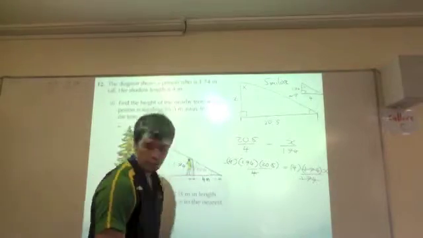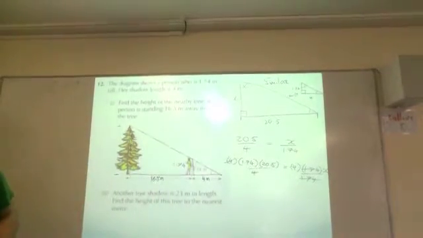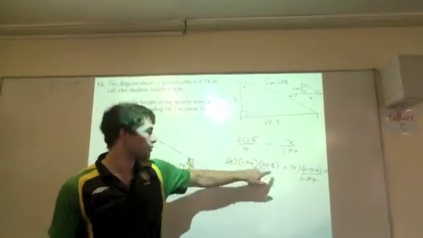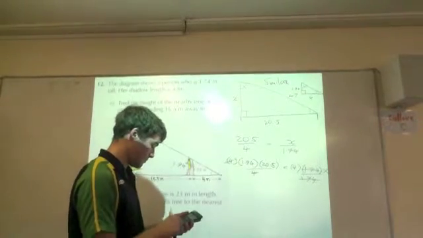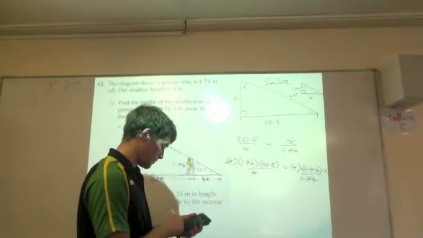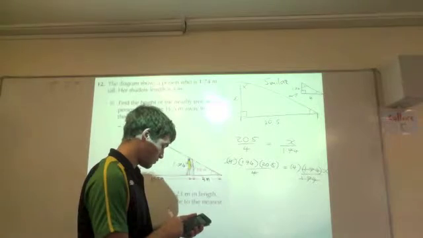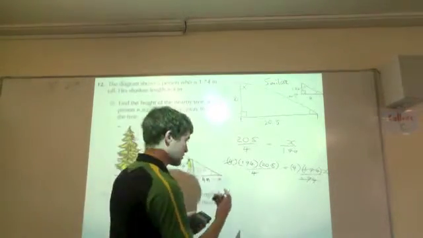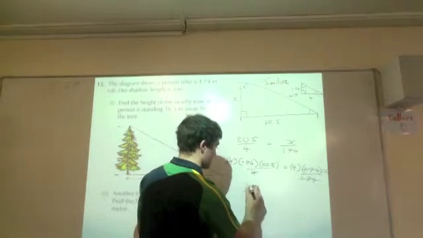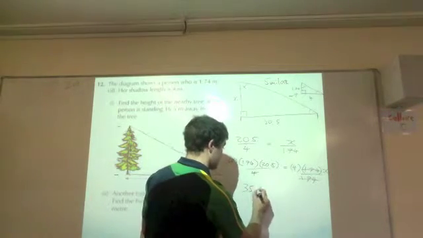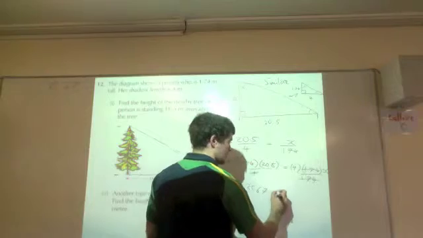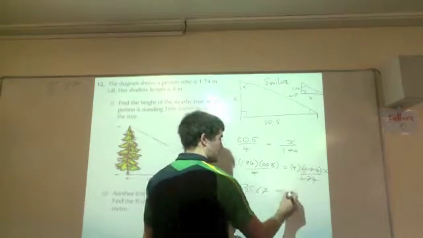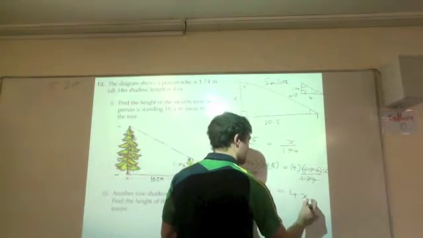So get into your calculator then, multiply 1.74 by 20.5, and you'll get an answer which is 35.67. Okay, like that. And we have 4x.